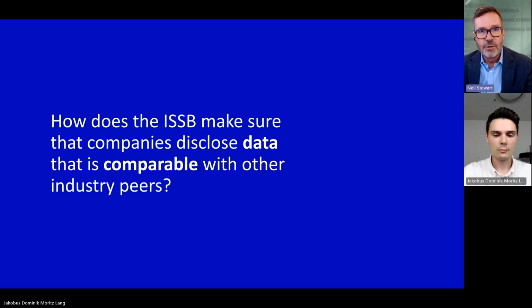And for those who may not be familiar with the SASB standards, this is a set of 77 sets of industry-specific topics and metrics across 11 sectors. And we have identified the primary industries for most of the world's listed companies. You can look that up. You can use the lookup tool on our website and download the standards for free.